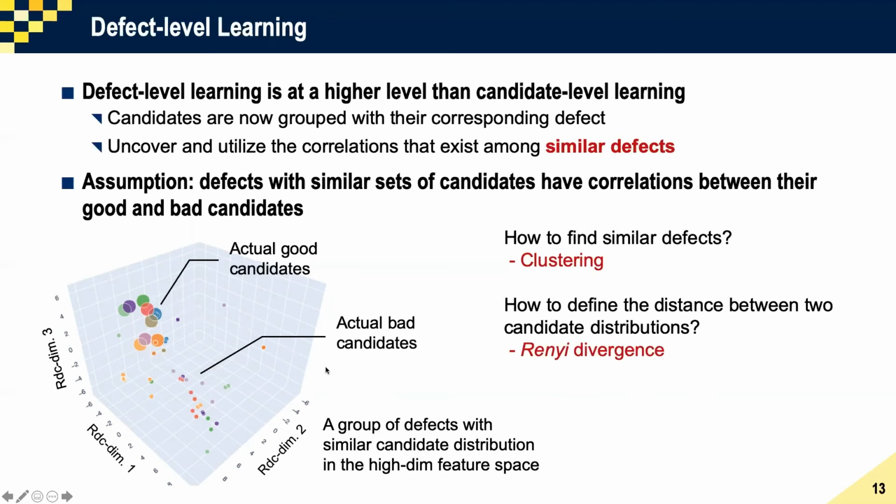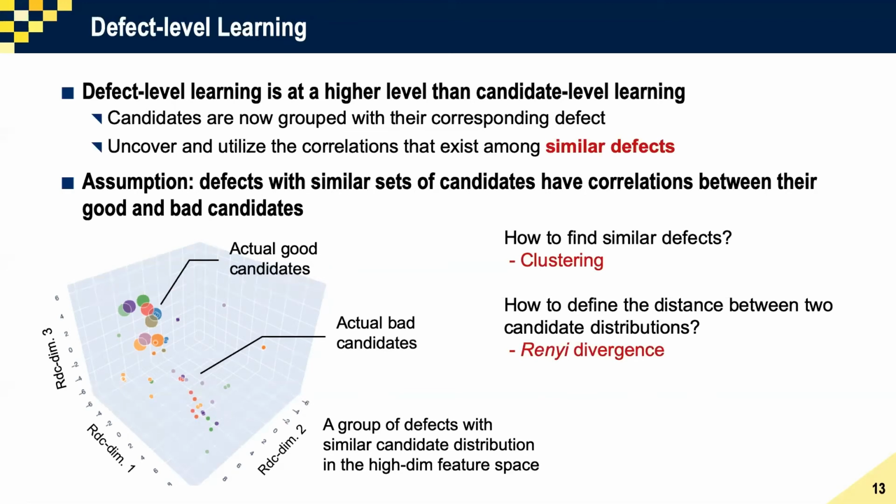So it is possible to eliminate some bad ones that are far from them to further improve resolution. Then the question becomes how to find the similar defects. The similarity between 2 defects is determined by the distance between the distribution of 2 sets of candidates in the high dimensional feature space.